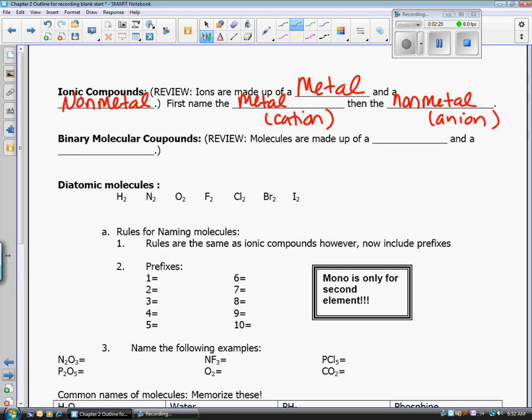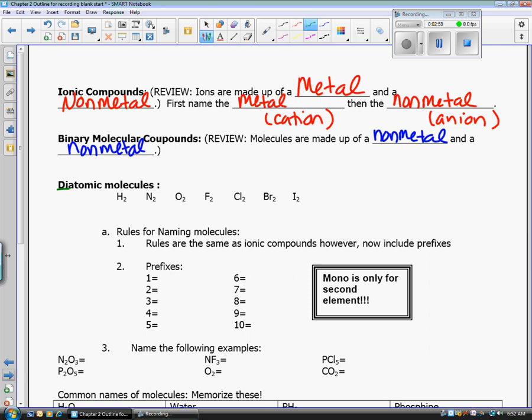Now, binary molecular compounds, a molecule is made up of a non-metal and a non-metal. We're not going to look at two metals together. They're metallic bonds, and they don't usually have names that follow a pattern. Like brass is steel. Those are metallic bonds, but they don't follow a pattern for naming, so we're not going to look at those. But you do want to look at these right here.